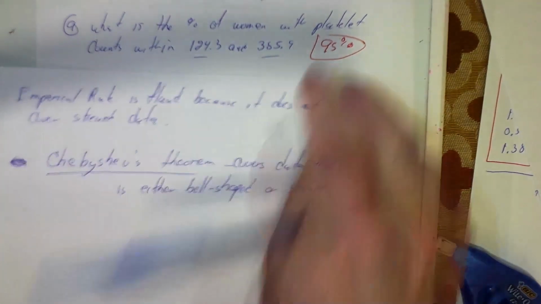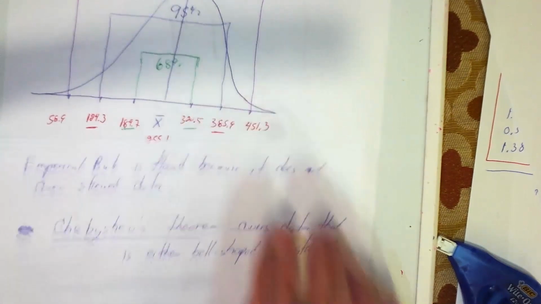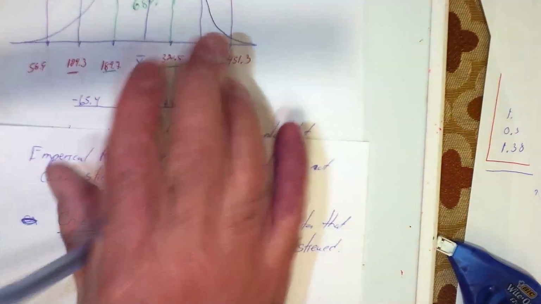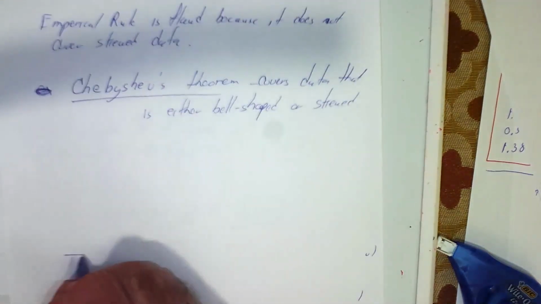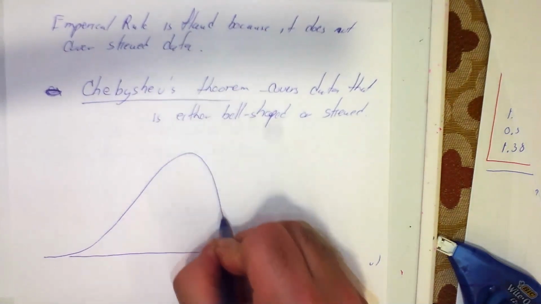So he kind of almost developed it kind of like this. It's almost like that. So he designed it almost like this, but he tweaked it a little bit. So let me show you what Chebyshev's graph looks like.